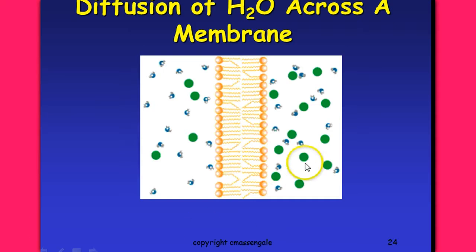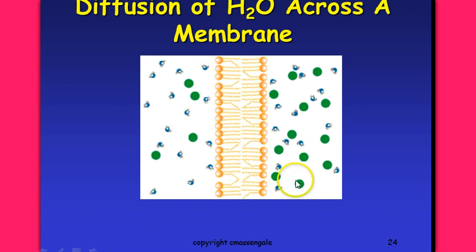So here we can see on one side I see a lot of green solutes dissolved, and on this side I see very few green solutes dissolved. Now that means which side has more water right now? In the picture, before it even started moving, I see more water on this side and fewer solutes.